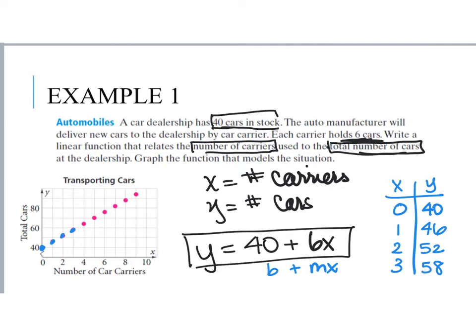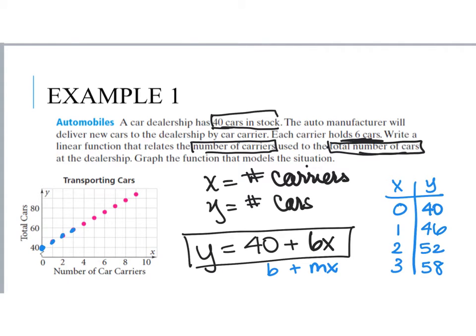Now, it says graph the function that models the situation. Notice that we have all these individual dots. We are not going to connect these with a line, because when you draw a line, the line says that every point on that line is a solution. And in this case, I can't have a partial carrier. That's what our x value is.